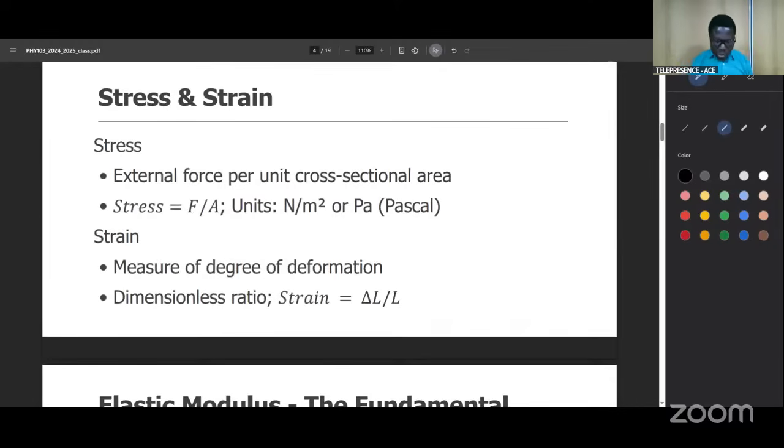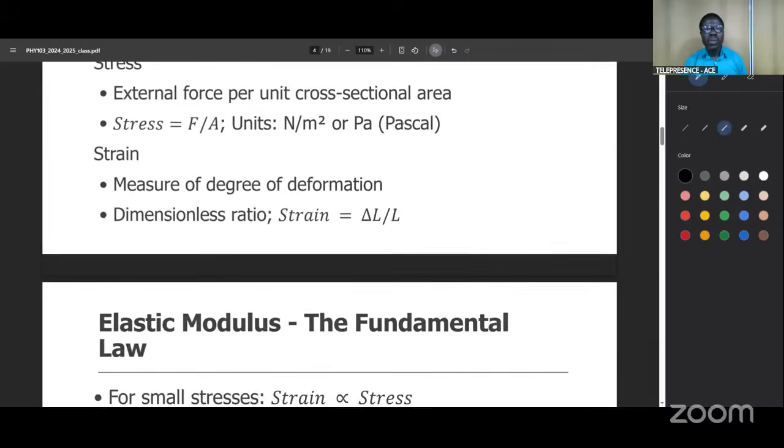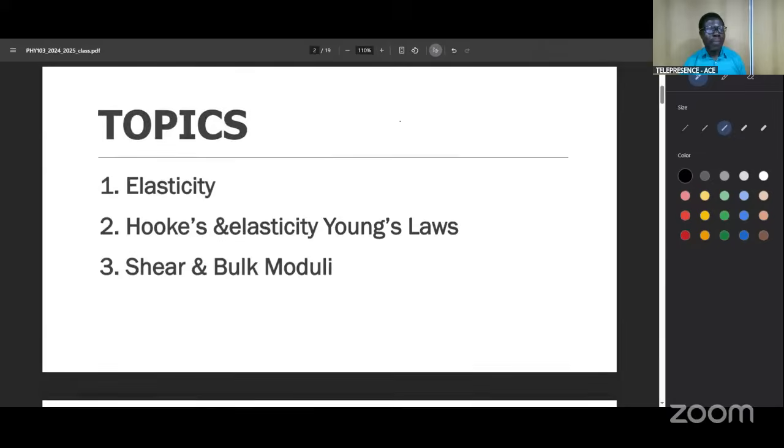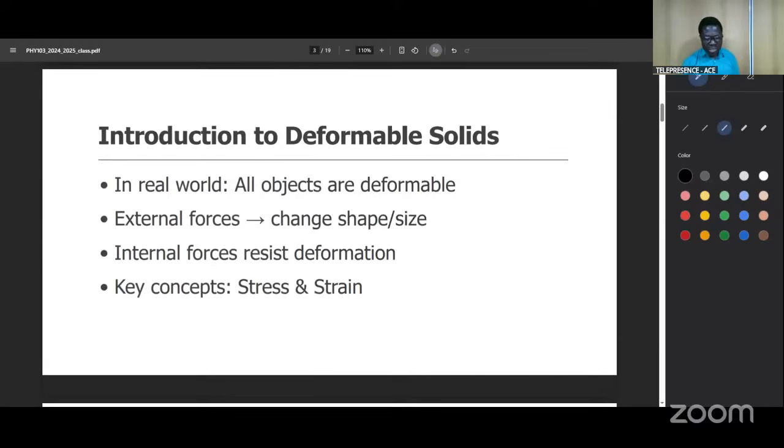We've mentioned some very important key things: the issue of external forces that cause deformation, and deformation can be a change in shape, a change in size, or both. Materials also have internal forces within them to resist the deformation, so they tend to maintain their original shape.